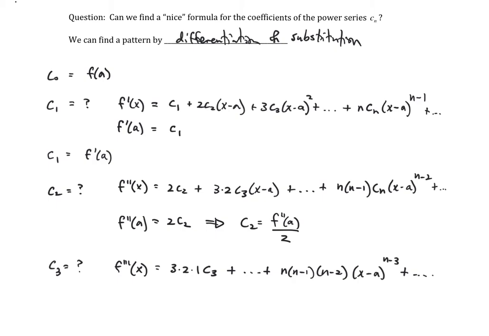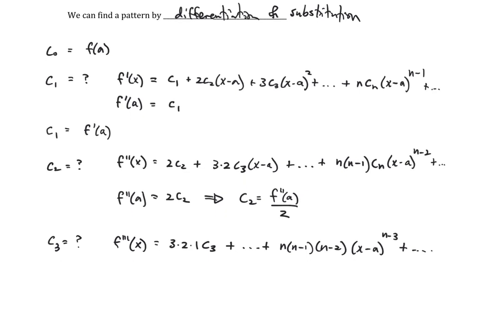I am going to get f triple prime of a is equal to, let me write this as, 3 factorial times c3. Okay, then this tells me that my c3 is equal to f triple prime evaluated at a divided by 3 factorial.